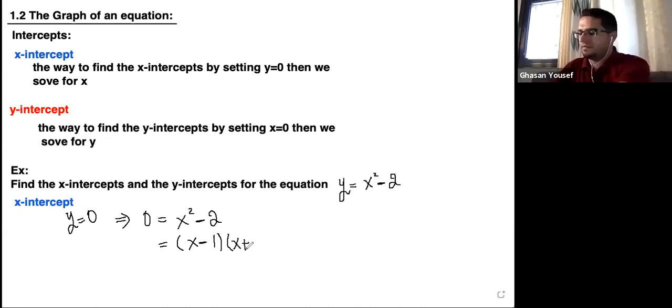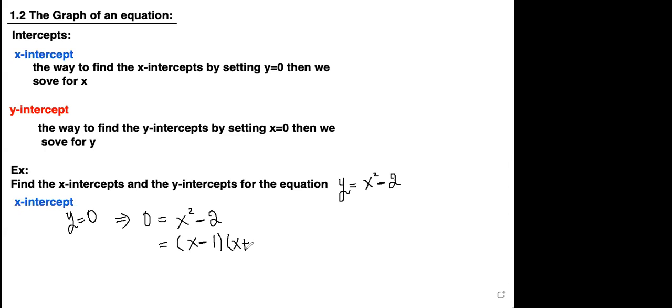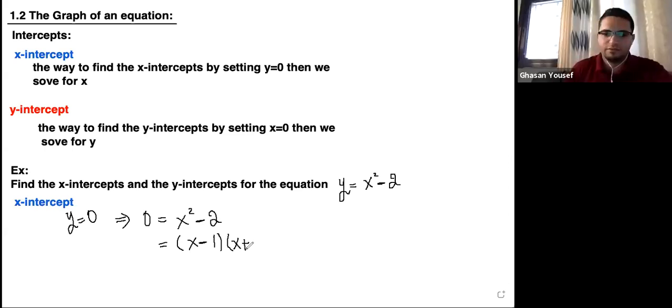No, this is not the factoring for this equation. It's not taking half of 2. So what is the factoring of this equation, or how can we solve this equation?